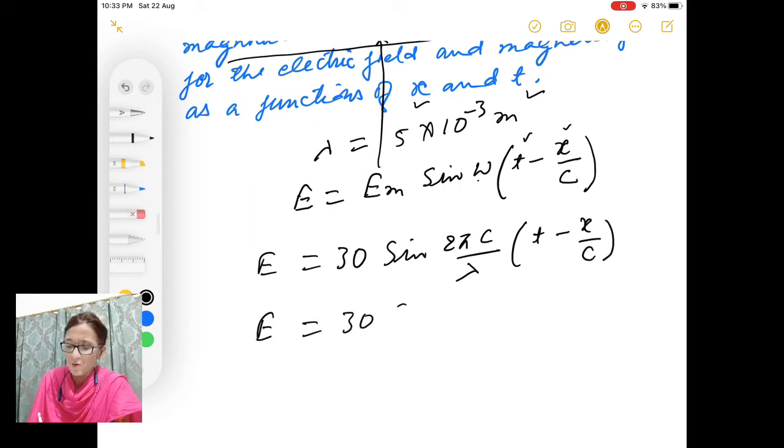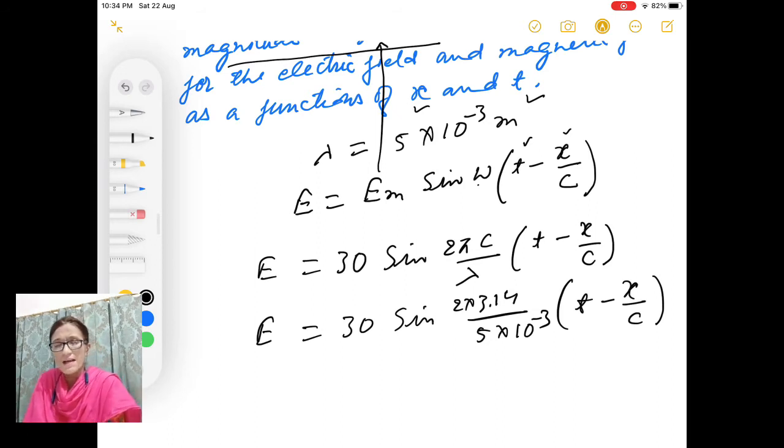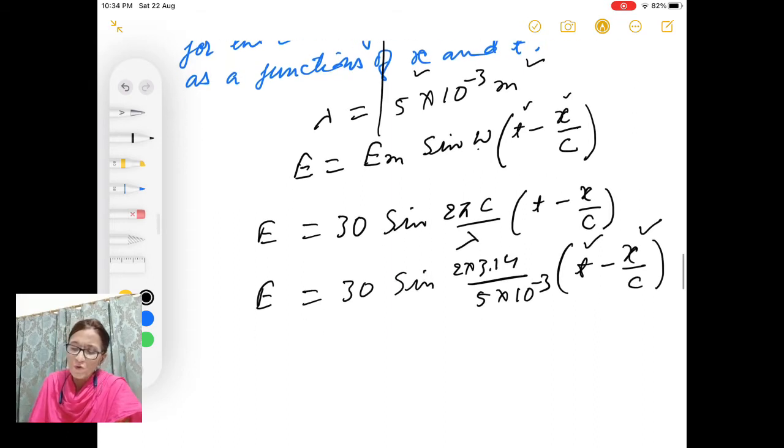E is equal to 30 sine, and your wavelength is given 5 into 10 to power minus 3 and t minus x upon c. So here is an electric field, sinusoidal varying electric field, which is written in terms of time and x. Now we have to write magnetic field.